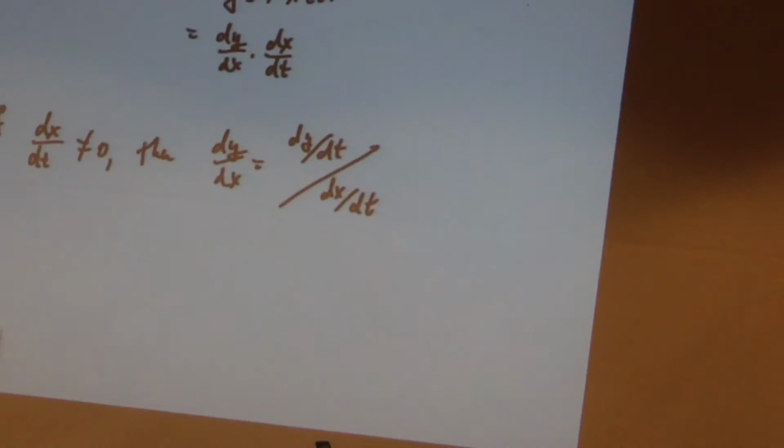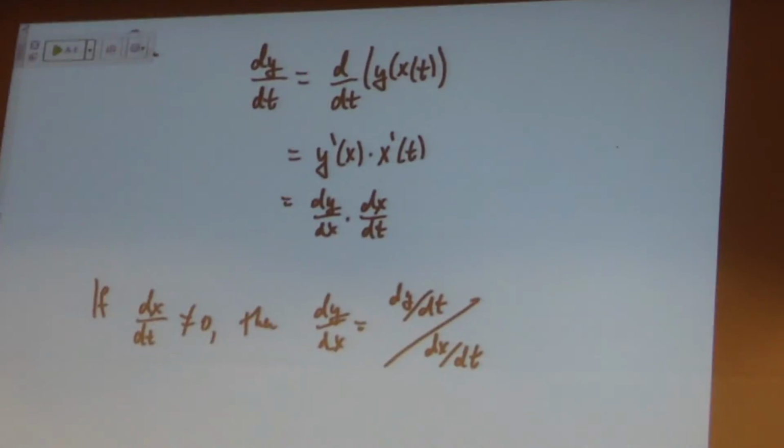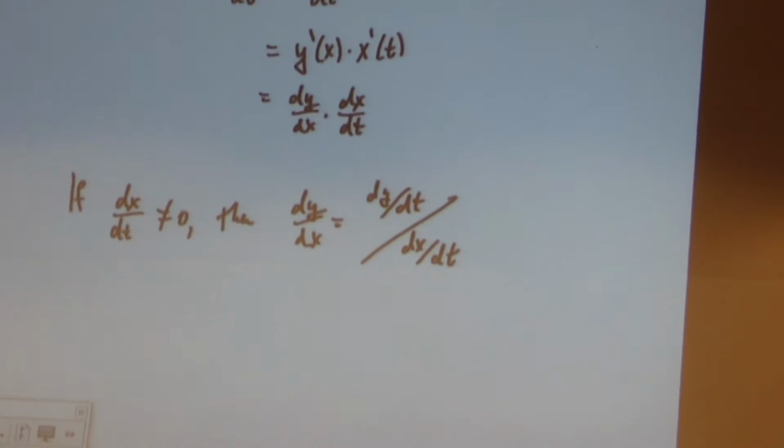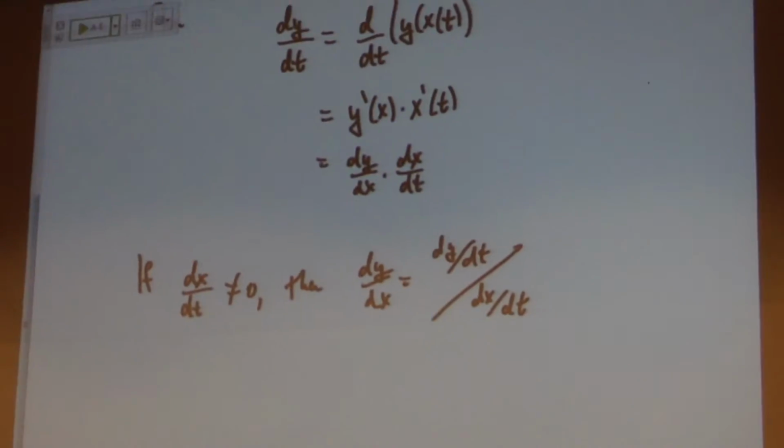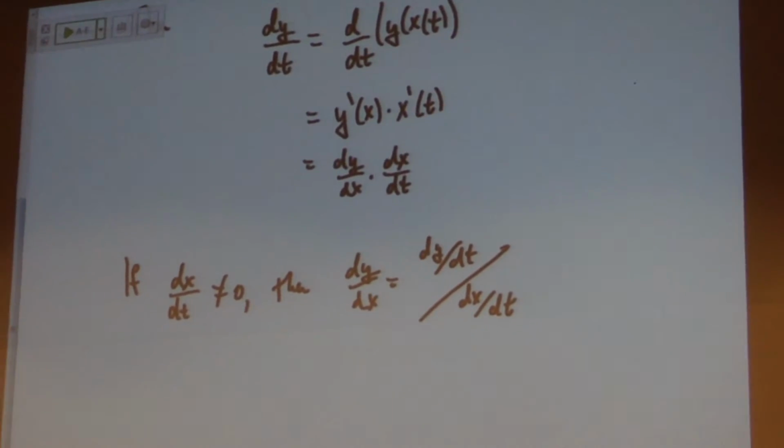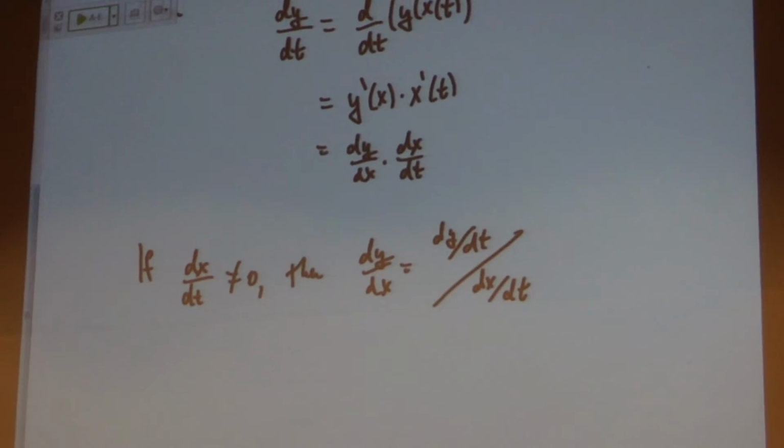And you could think, to find the slope at some point, it's how much is the y changing, dy/dt, divided by how much is the x changing, dx/dt. It all makes sense. But let's actually use it in some problem.